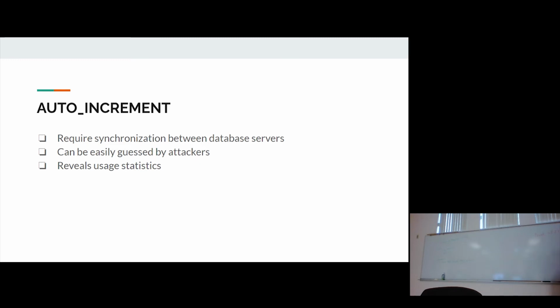If I register and my user ID is 1,000, I know you probably have about 1,000 customers that registered before me. And if I register another account in a week, and my ID is 1,100, well, I know there have been about 100 people registering accounts in that week. So that tells me something. All of that is a downside of auto increment.